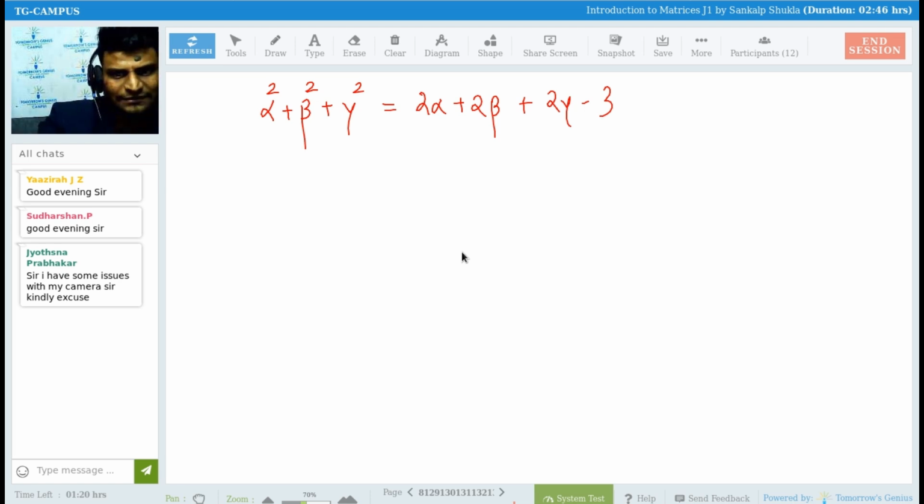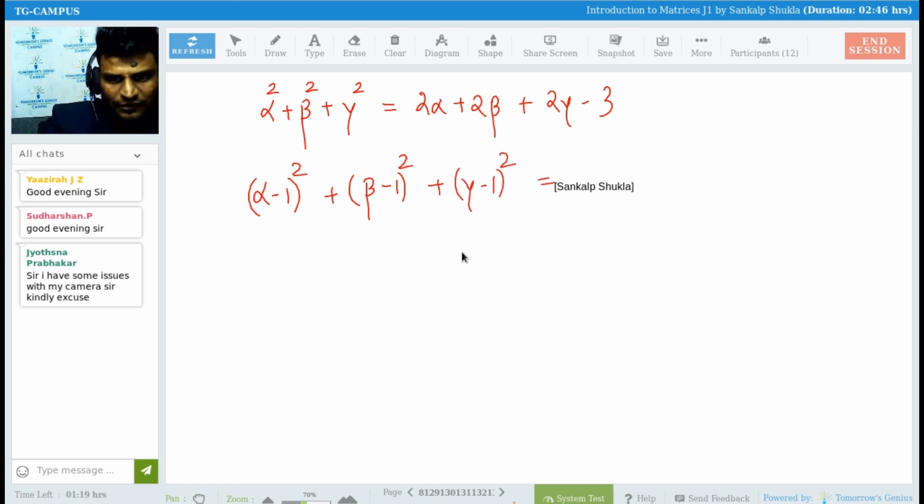Okay. So can I just write this as alpha minus 1 whole square plus beta minus 1 whole square plus gamma minus 1 whole square is equal to 0? Like when I shift these terms to the left hand side, what will it become?